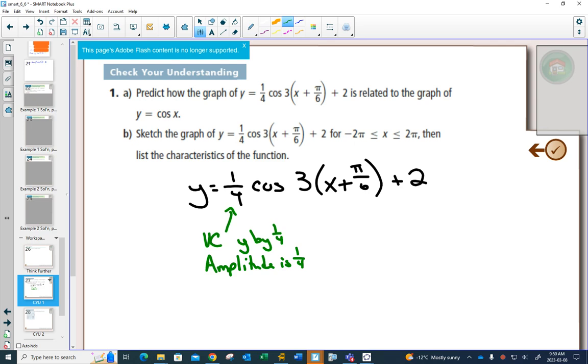Second value is a 3. In our transformations unit, this would be a horizontal compression, where you would multiply your x by 1/3. In our shortcut, this value helps us figure out our period. Our period would be 2 pi over 3.